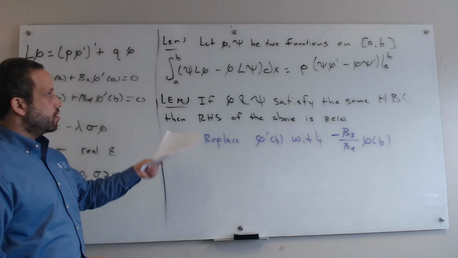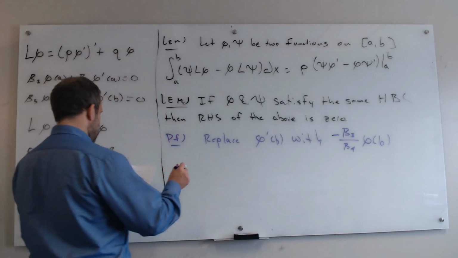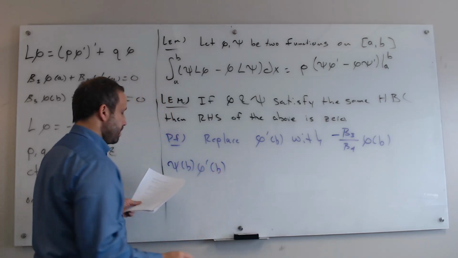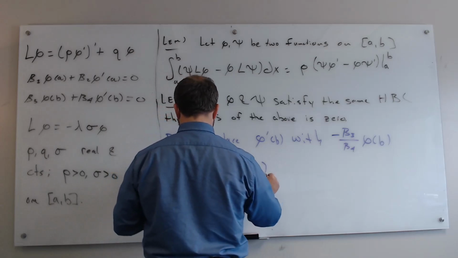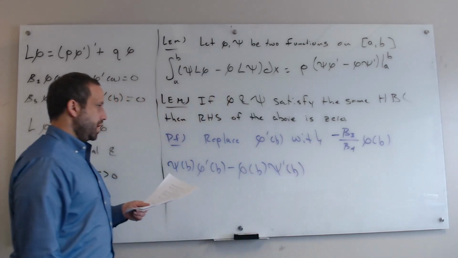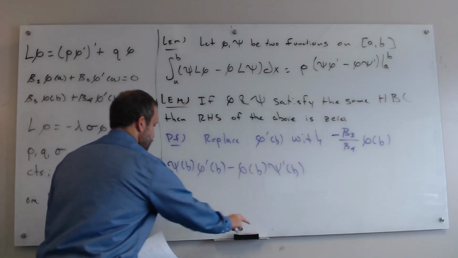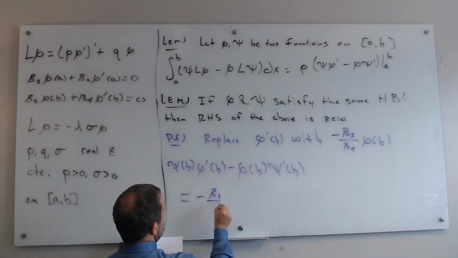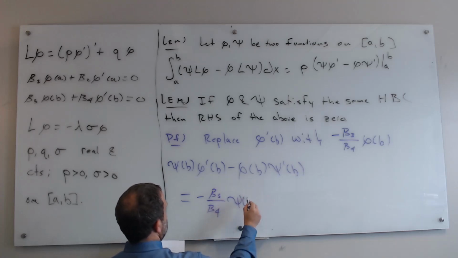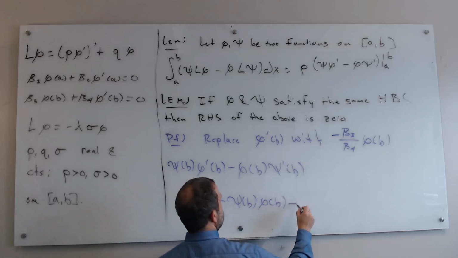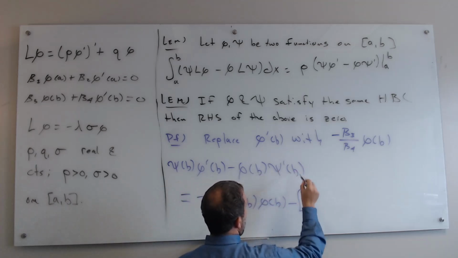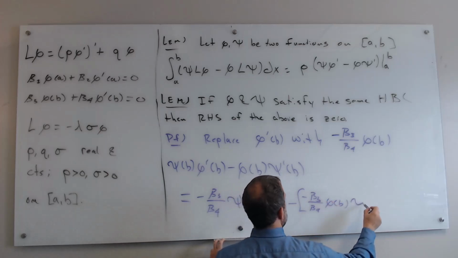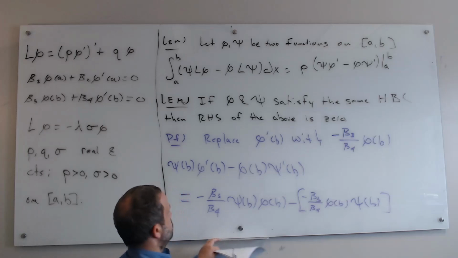If we do that, and similar replacements for psi, if we just look at the B side of things, we're going to get psi of B times phi prime of B minus phi of B psi prime of B. This is equal to, I'm going to come down here because I don't have enough room, minus beta 3 over beta 4 psi of B phi of B, and then minus, since psi prime of B is equal to minus beta 3 over beta 4 psi of B, multiplied by phi of B. Well, these terms are equal to each other.